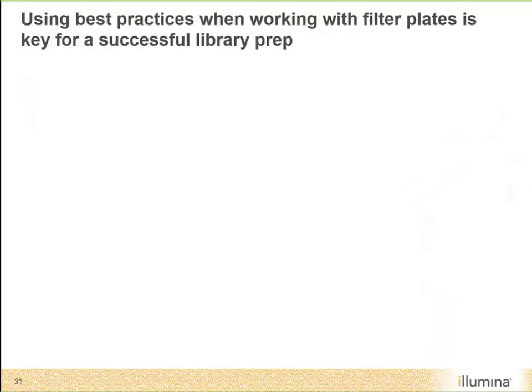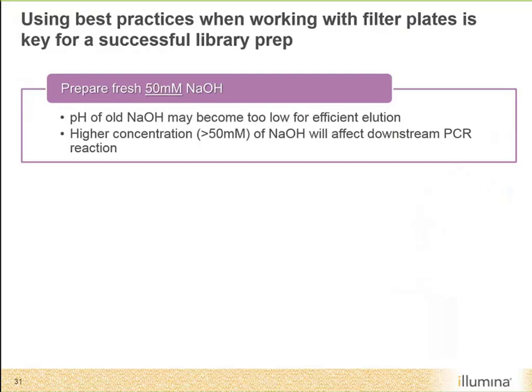So, some best practices when working with filter plates, if you're new to using this particular type of filter plate workflow. Like I mentioned earlier, the extension ligation happens on the filter plate, and we now need to elute that extended ligated product off of the filter plate. In order to do that, we use sodium hydroxide.